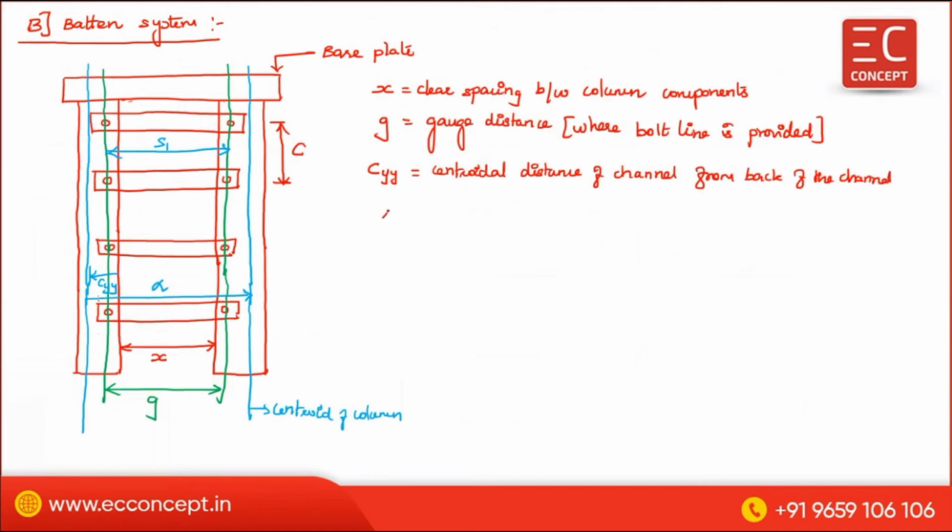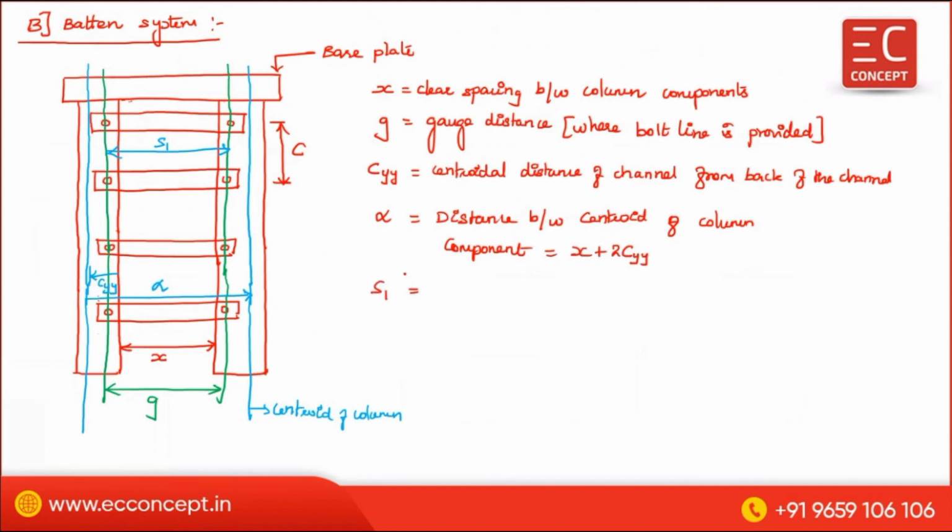Alpha, see the diagram, distance between centroid of column component, which is equal to x plus 2 times the CYY.